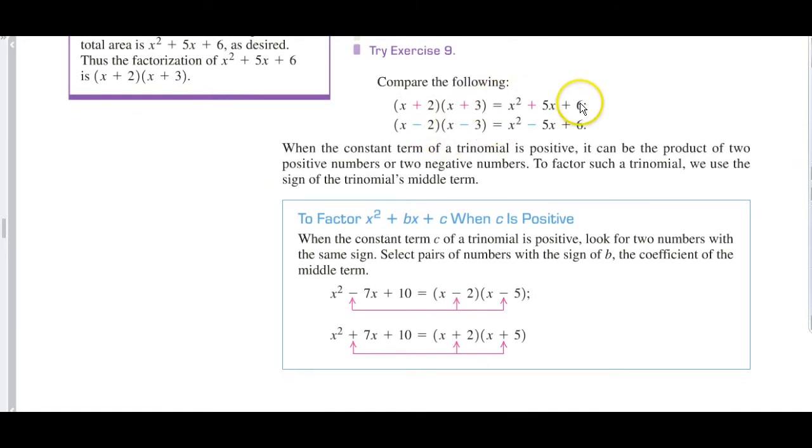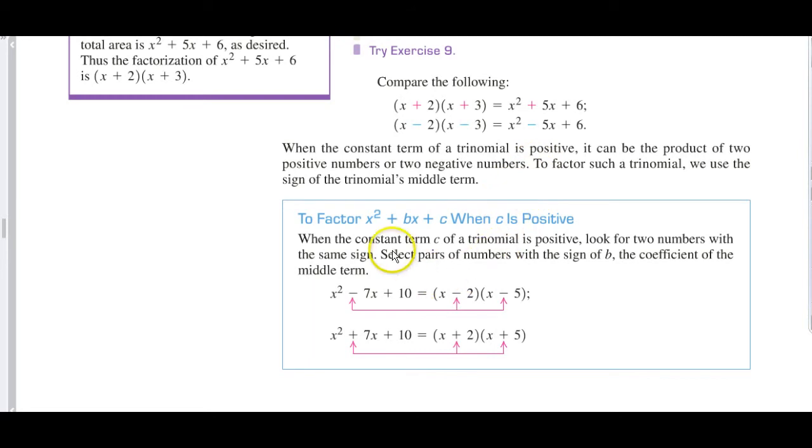Now, our last term here is a positive 6. And if our middle term happened to be, instead of a positive 5, a negative 5, then the signs of these two terms would have been negative, because negative times negative also makes a positive. But now when you added the outers and the inners, you ended up with a negative 5.